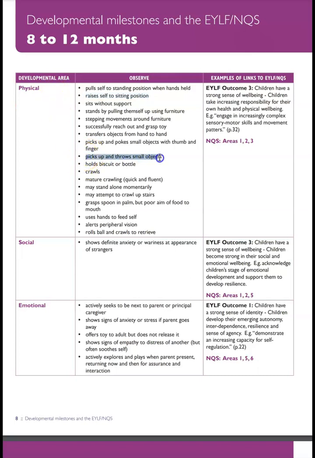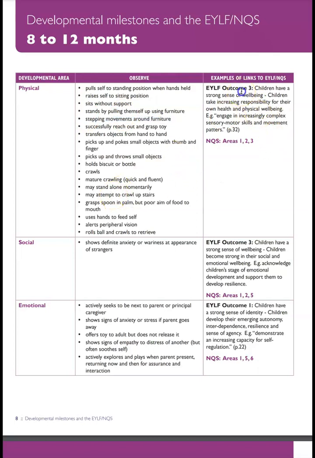Pick up and throw small objects. So this child is interested in the ball and he couldn't reach it. So this shows us how he is able to pick up and be interested and engaged in the object, successfully reach out and grasp toys. So this is what you will add, not just to your observations that I wrote, but also to the analysis.